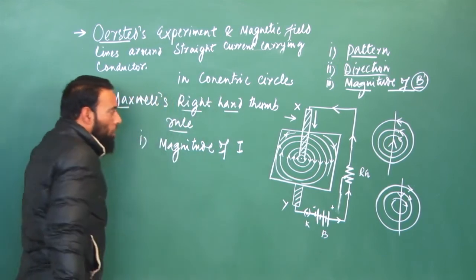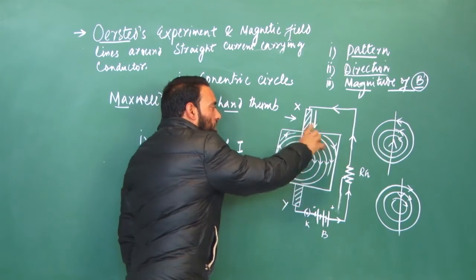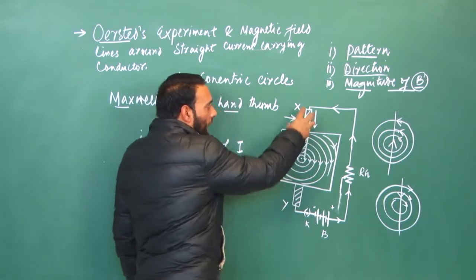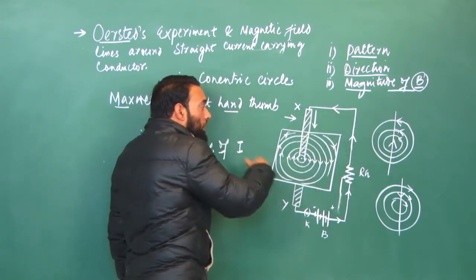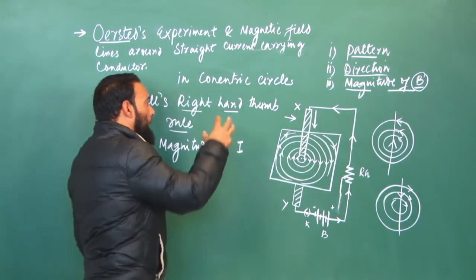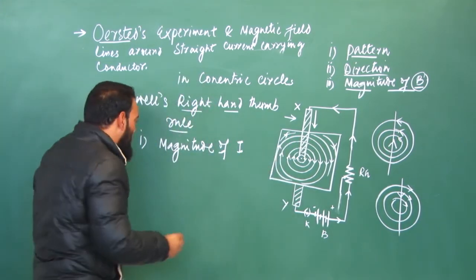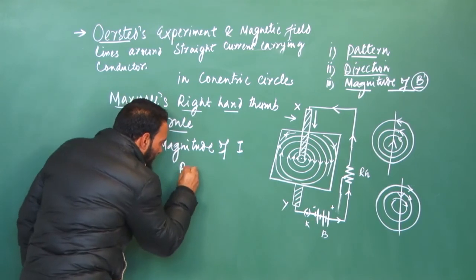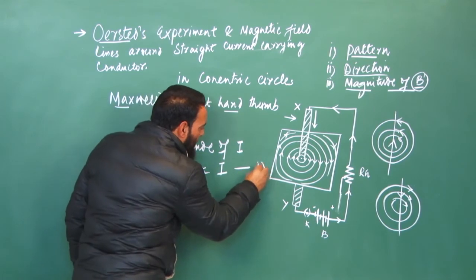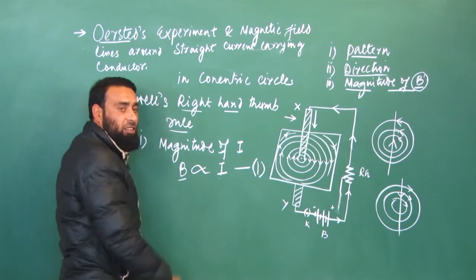The magnetic field strength in a straight current carrying conductor is directly proportional to the magnitude of current, I. As you increase the current, the magnetic field strength also increases.